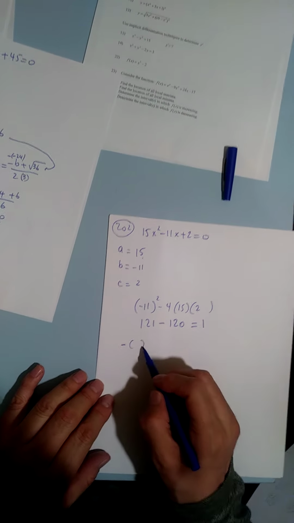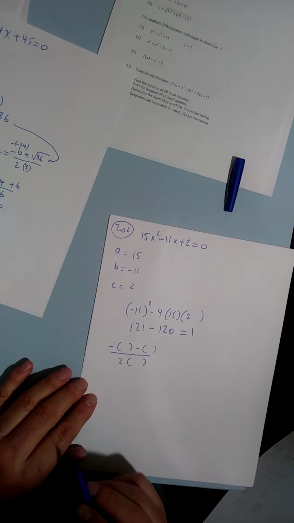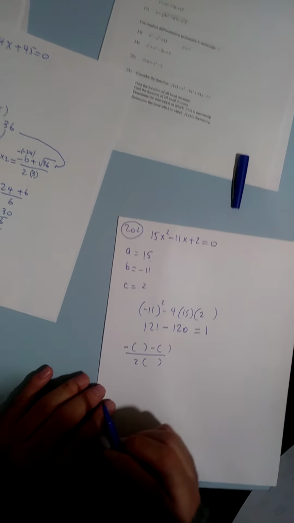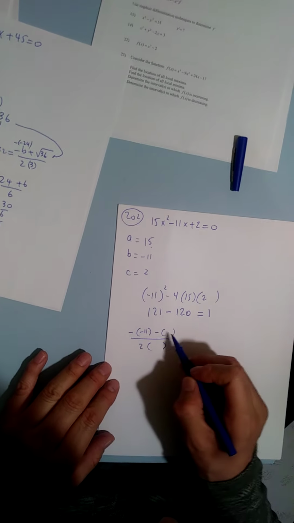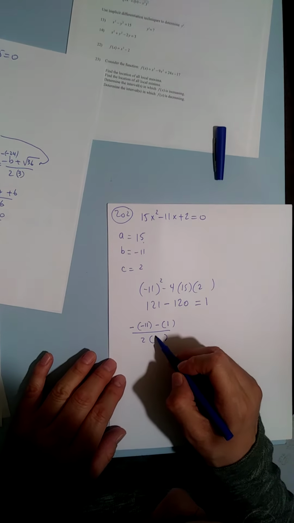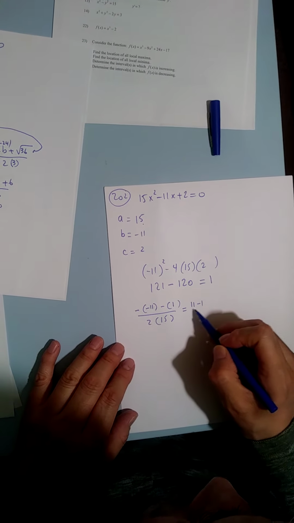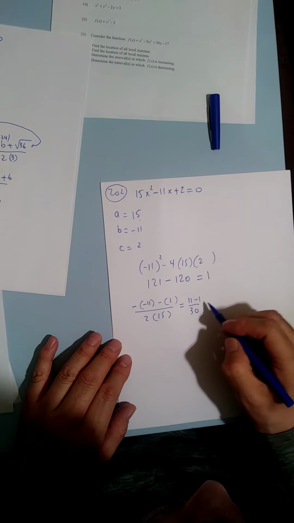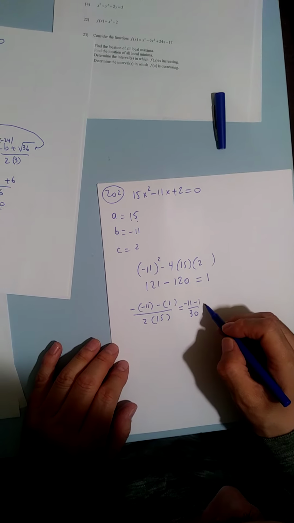And it will be minus b minus square root of delta over 2 times a. So negative 11 here, put 1 here, and then a is 15. So this looks like 11 minus 1 over 30.